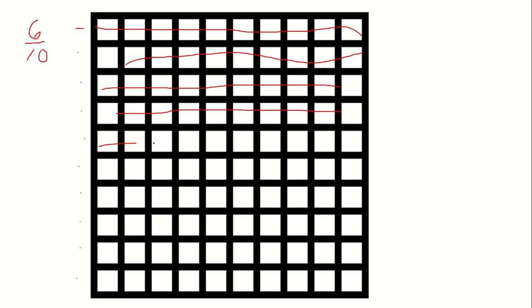And we can also write it on our grid here with our 100 grid. Our 6 tenths would be if we cut this up into 10 total pieces. That's our denominator. So 1, 2, 3, 4, 5, 6, 7, 8, 9, 10. And we filled in 6 of these. So we have our 6 tenths, or in other words, we can call this 60 over 100, like that.